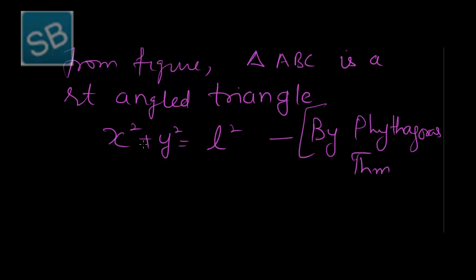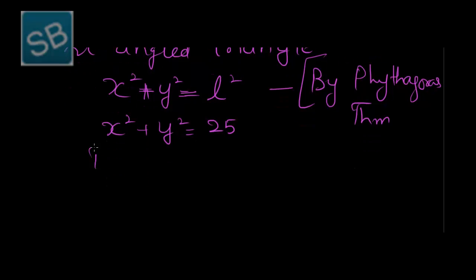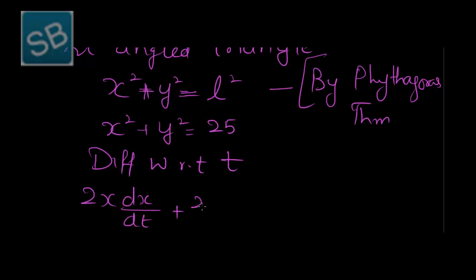That is base square plus height square is equal to hypotenuse square. We get x square plus y square is equal to 25, L square is 25. So now differentiate it with respect to t. We get 2x dx over dt plus 2y dy over dt is equal to 0, as 25 is constant.